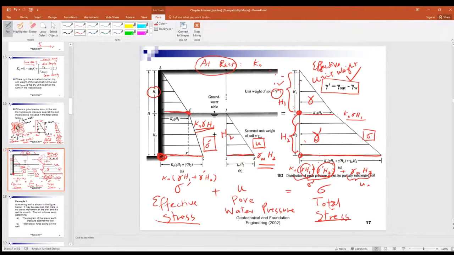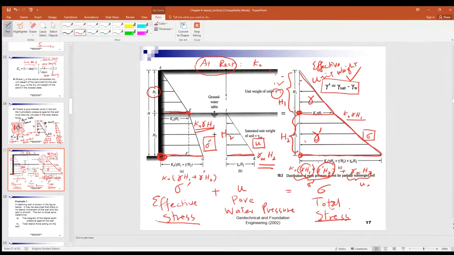So this diagram: K1 gamma H1, and then the whole thing here: K naught times bracket gamma H1 plus gamma dash H2, and that's the effective stress, plus gamma W H2.